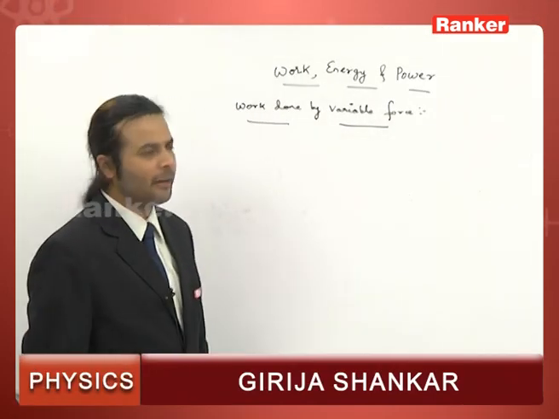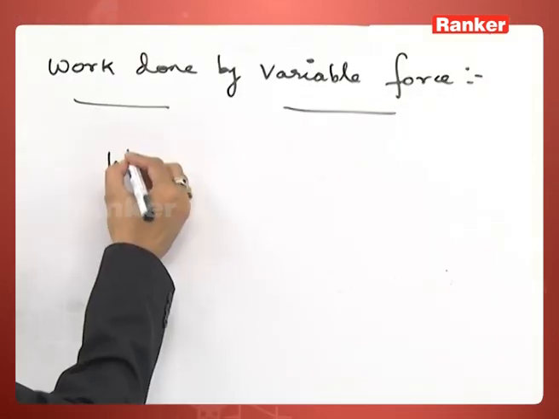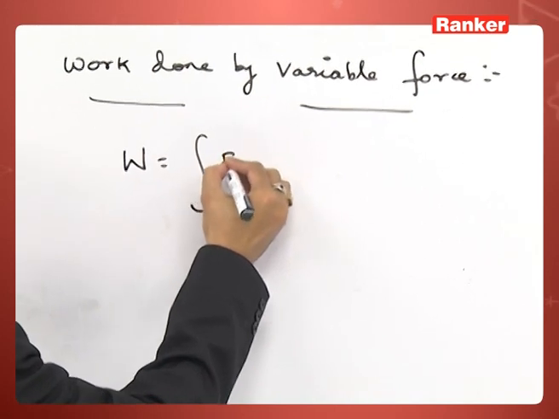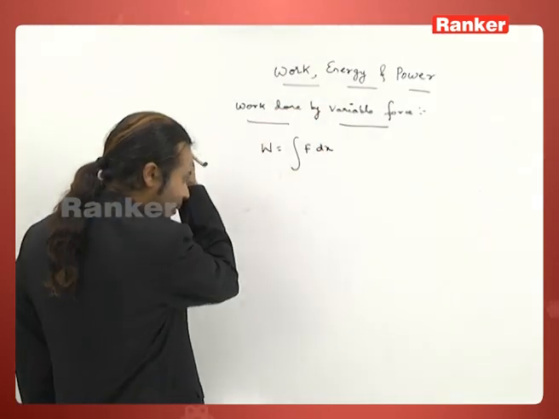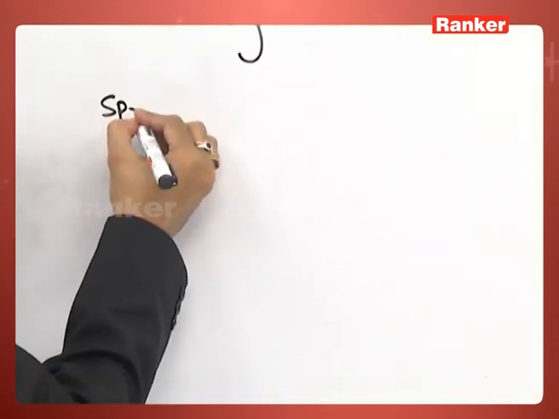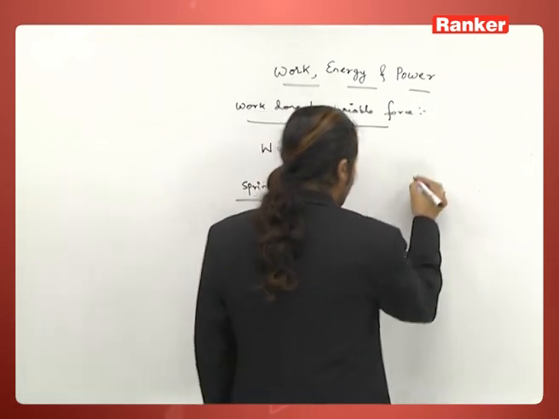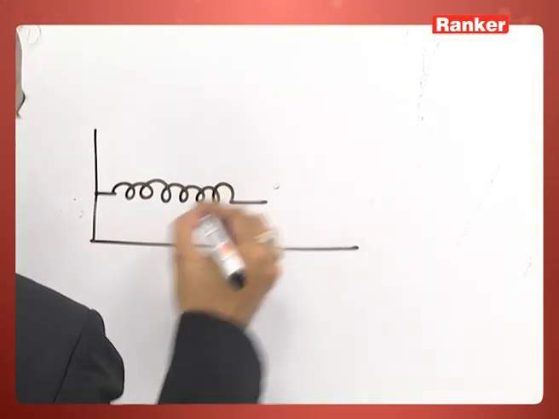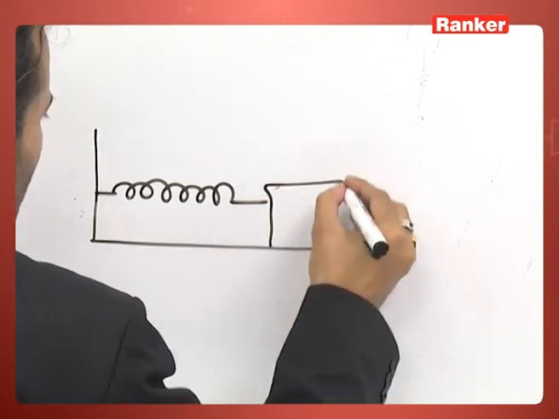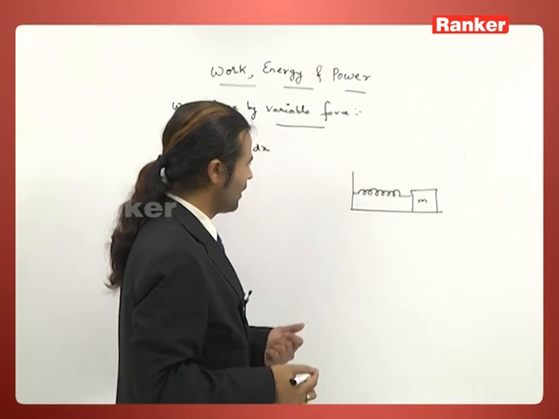Now work done by variable force. When force is not constant, work done by variable force will be the integration of F dx. Let us take an example, a spring. So I say this is a spring with a block. Now it is at its natural length.